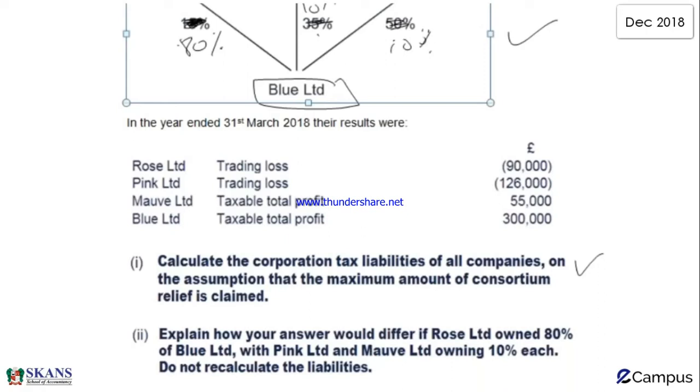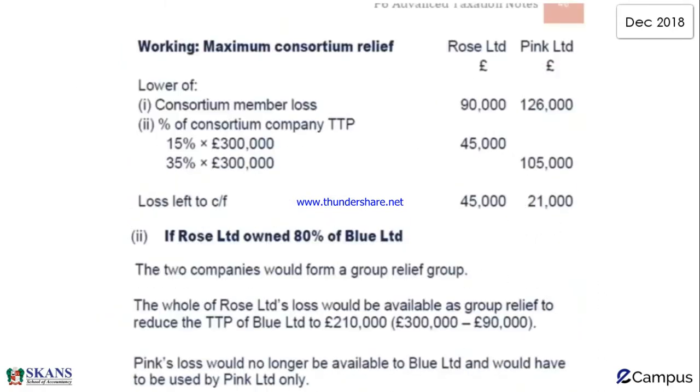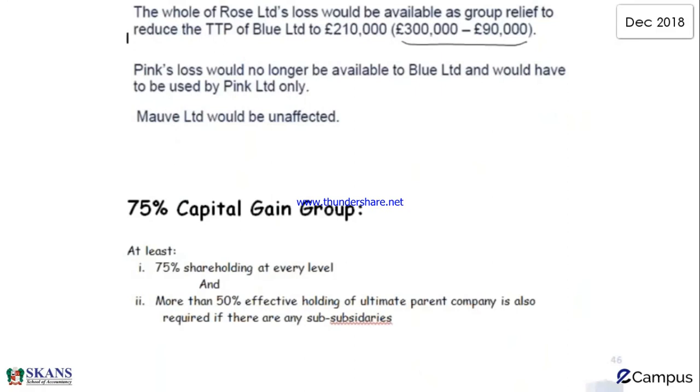And in that case, Rose Limited would be able to surrender all of its loss of £90,000 to Blue Limited, and would be able to deduct all of its losses. Well, in that case, it would be done something like this. And that's why the taxable profits of Rose would be reduced by the whole amount of losses of Rose.